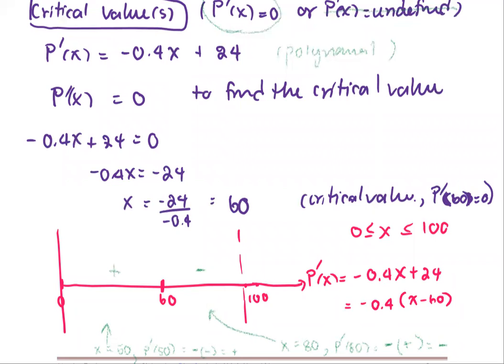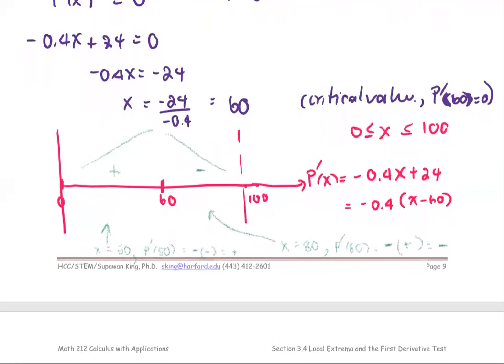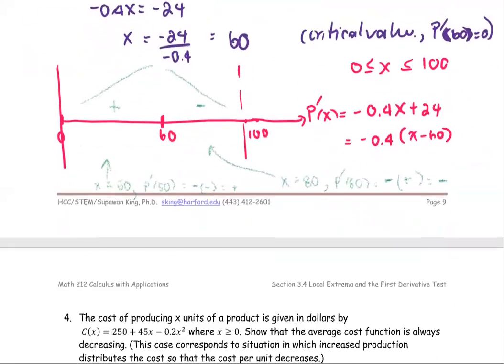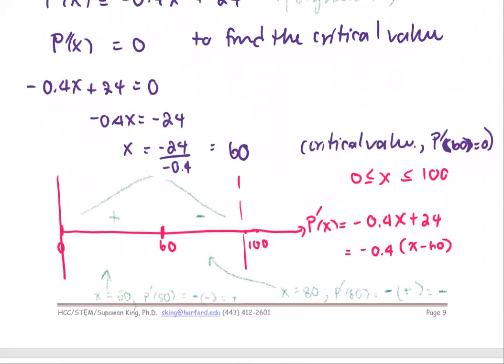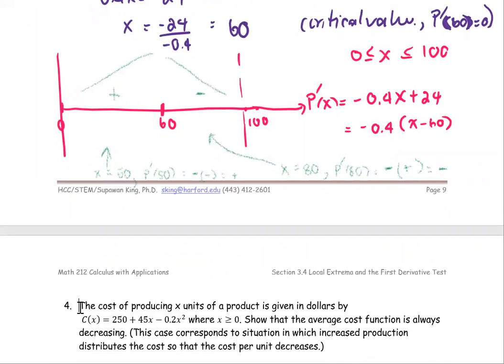Therefore, the profit is increasing between 0 and 60, and decreasing between 60 and 100. Then we can write a summary of this.